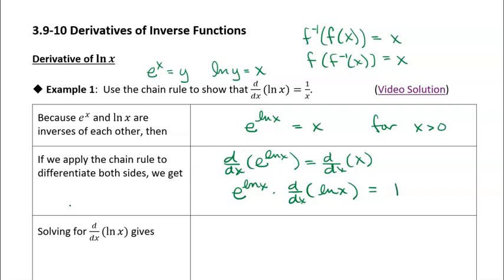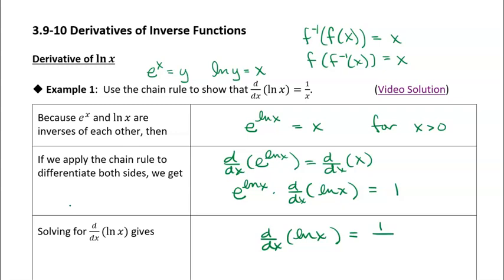So now we have an equation that has the derivative of ln of x in it, and if we just rearrange that, we end up with d dx of ln of x equals, and we're just going to divide both sides by this e to the ln of x.